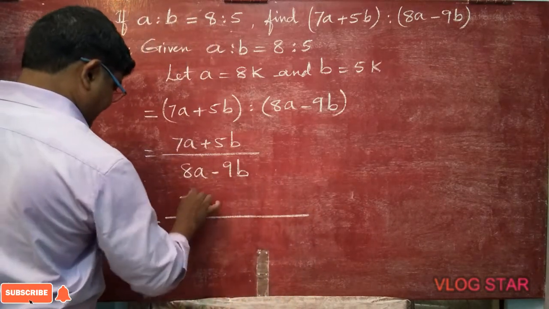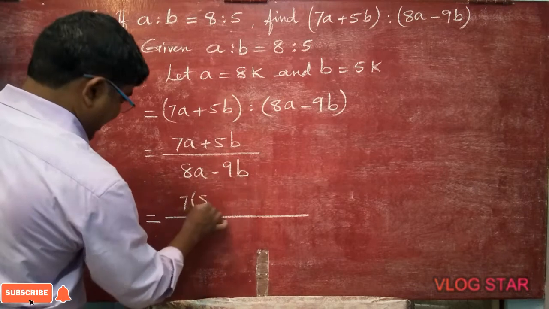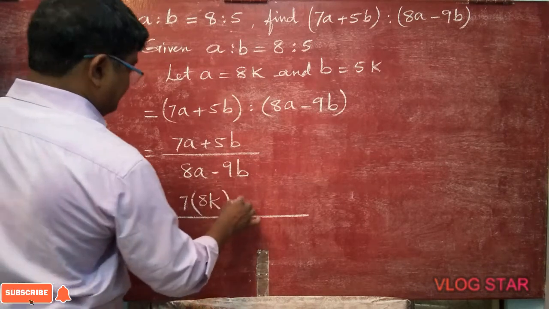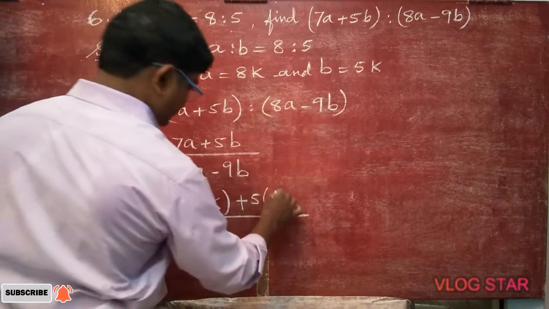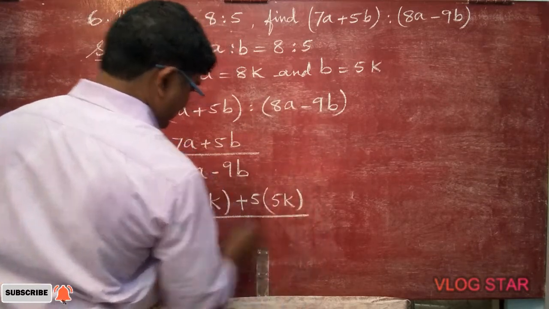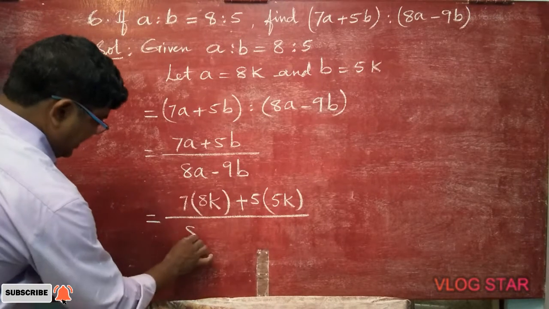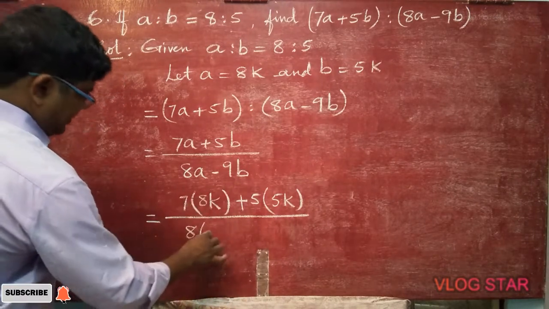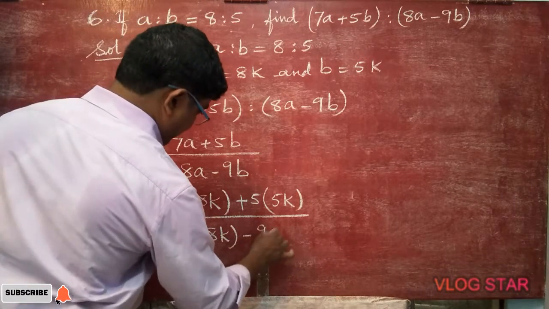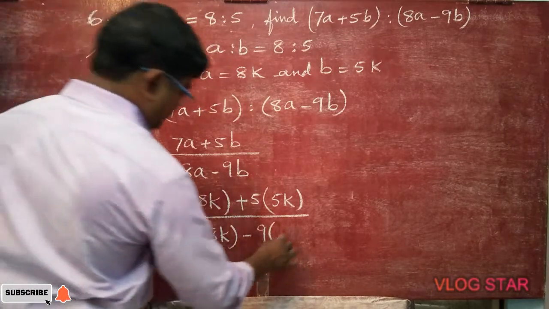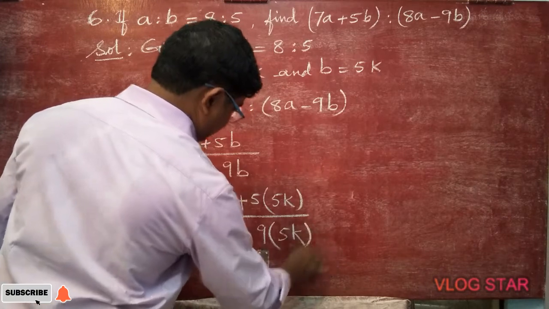7A. 7 into A value is 8K, plus 5 into B value 5K, divided by 8 into 8K minus 9 into 5K.